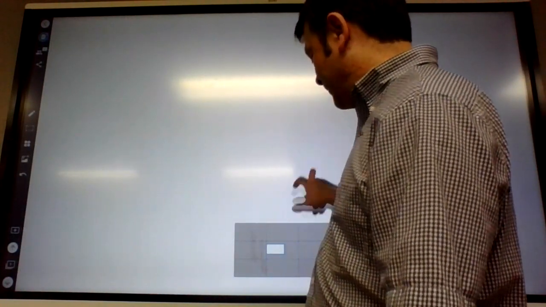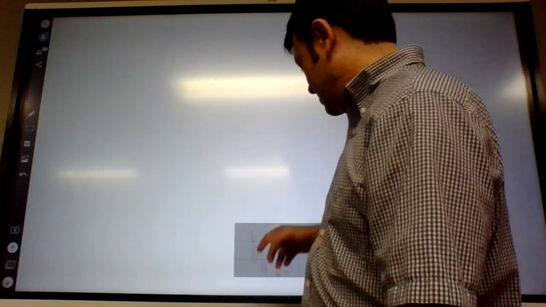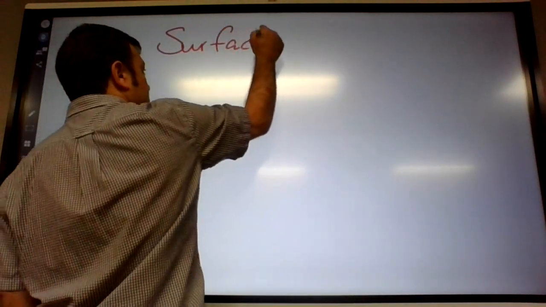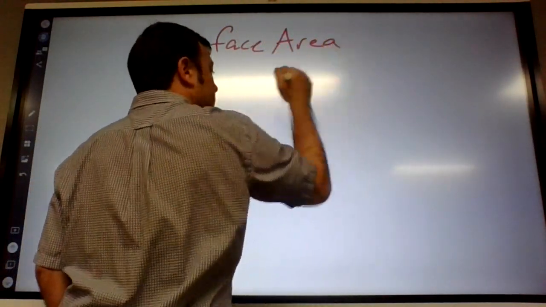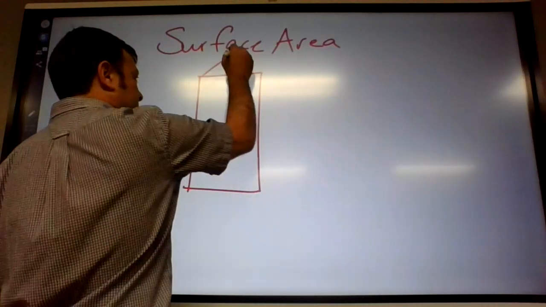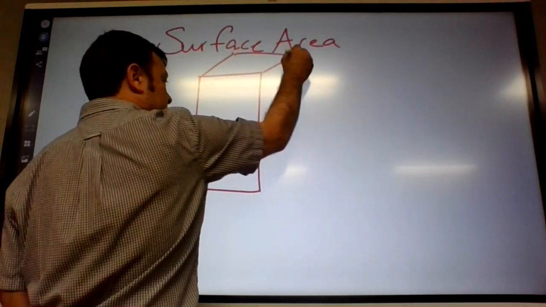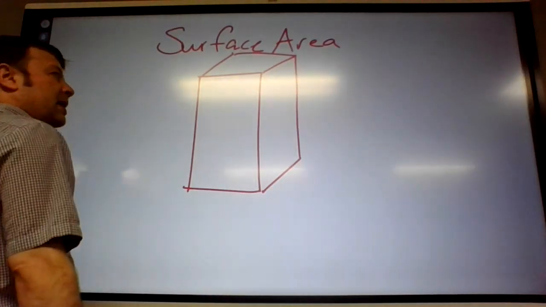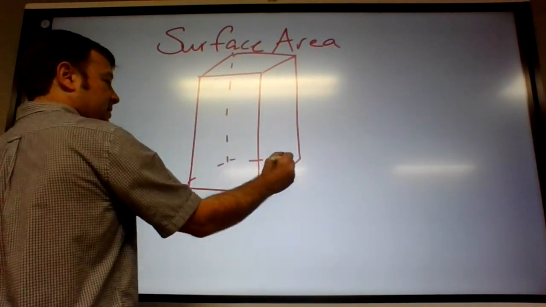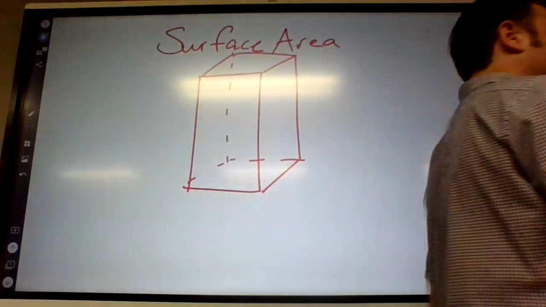Okay, let's talk about surface area. You guys know what that means? Yeah. So, if you have a three-dimensional object, what's this called, by the way? A rectangular prism.